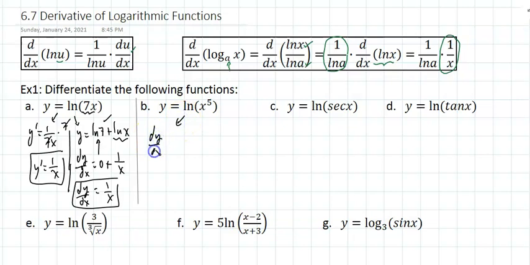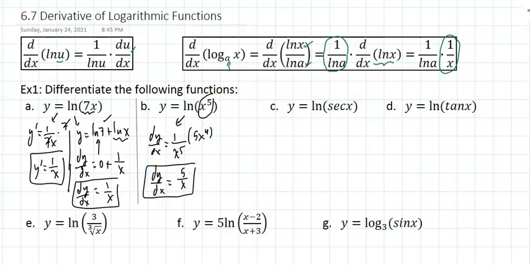You could say dy dx is 1 over the argument times the derivative of the argument, which is 5x to the 4th. And if you reduce that, you would notice that that is actually 5 over x.